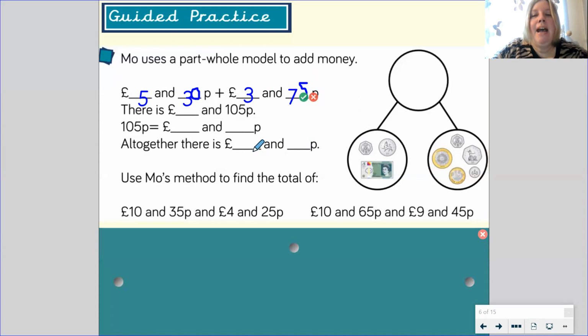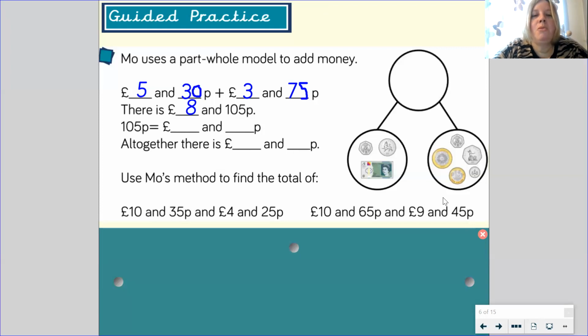Then we need to see how many pounds he has. So we're adding our £5 and our £3. £5 add £3 is £8. So I'm going to write 8 in here. So there is £8 and 105p.